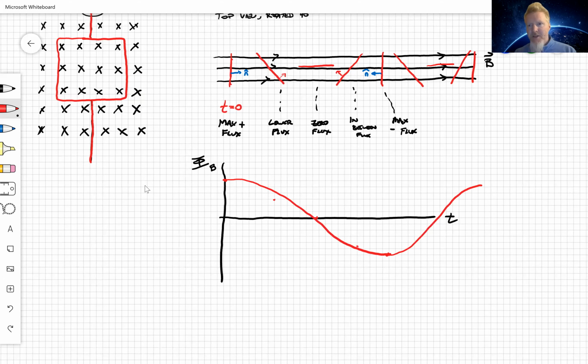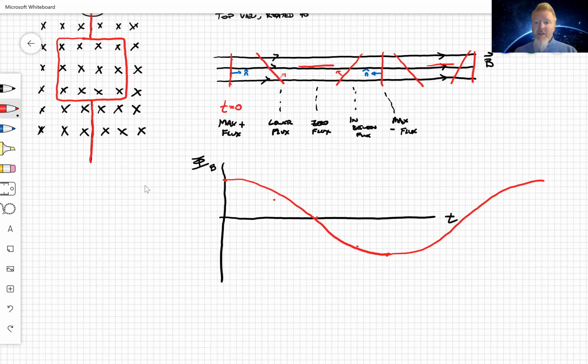So I'm trying to match the top pieces to the graph here. So I squished it all in here. But if I was doing this properly, I think you get the idea. Something like that. So it would be a cosine.